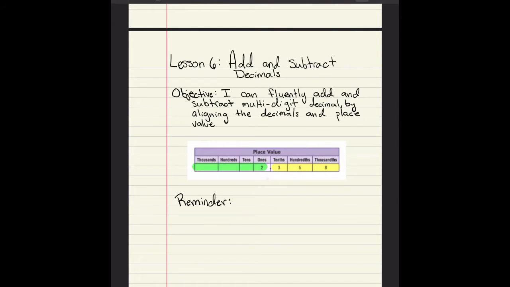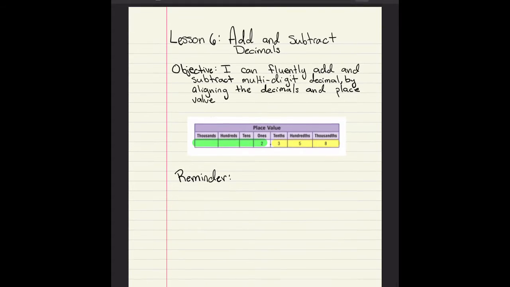Remember, it's the opposite. So when you go this way, in front of the decimal, you get bigger and bigger and bigger numbers. When you go this way, behind the decimal, you get smaller and smaller numbers. The value becomes smaller.